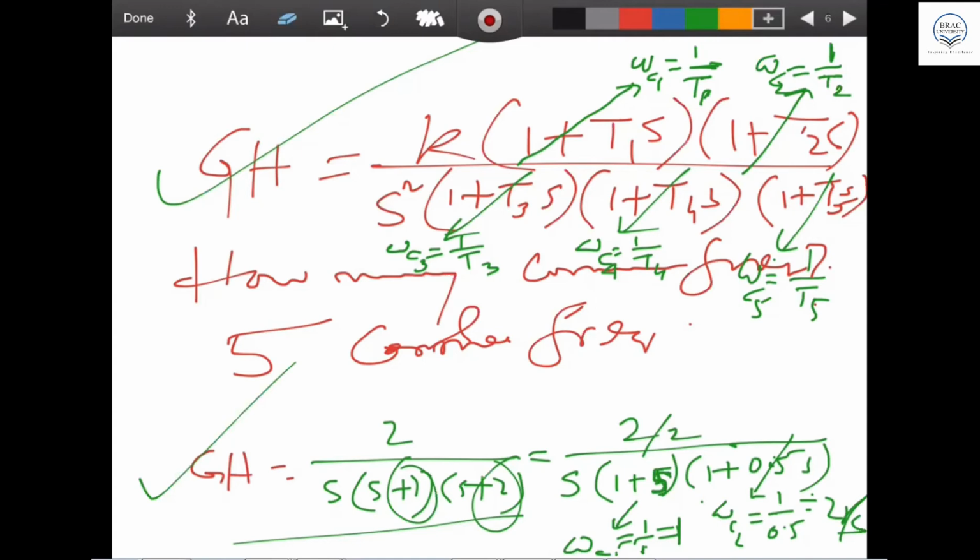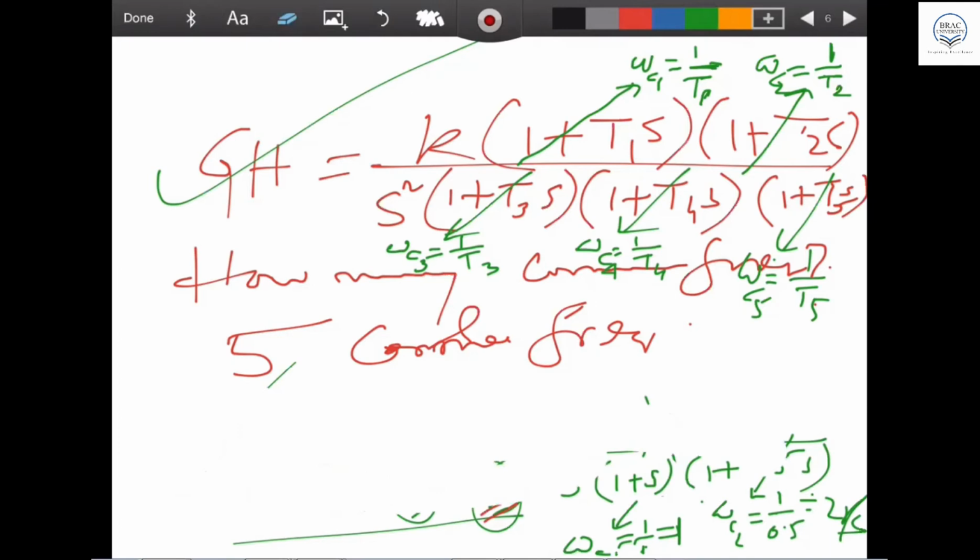It should be S actually. 1 plus S. I have taken it. And if you take out 2 from here, then 2 by 2 cancels out, 1, right? These 2 I have taken out. Then what will this be? This will be 1 plus 0.5. Oh, you cannot understand this.